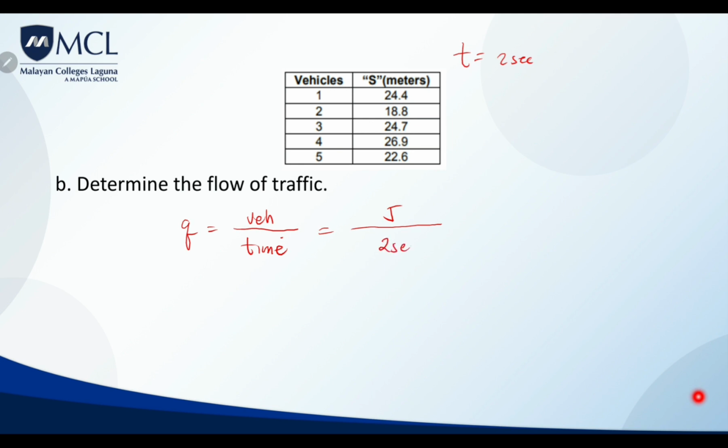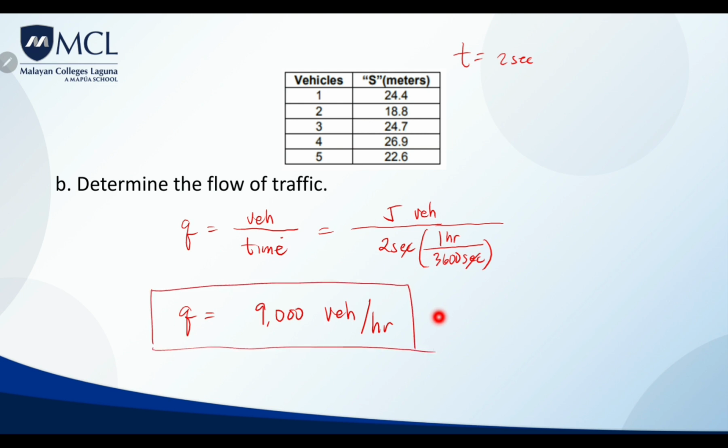So, 2 seconds. And then, i-convert mo lang ito guys into hour. So, ilan ba yon? In 1 hour, we have 3,600 seconds. So, that is your flow. That is 9,000 vehicle per hour.